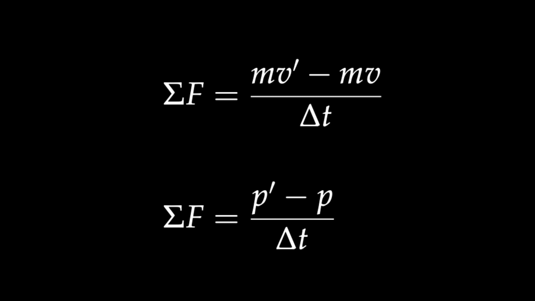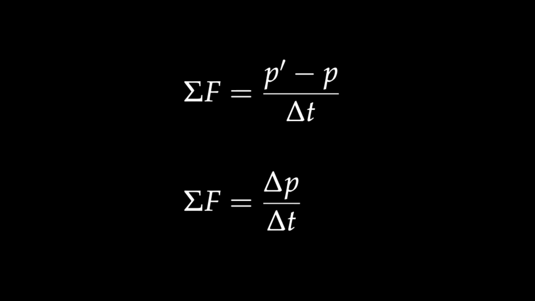If the velocity is large, that quantity is large. It's a quantity that describes the mass and the velocity together. For want of a better symbol, we give this quantity the symbol P, and so I write Newton's second law here as the sum of the forces is equal to P prime minus P over delta t.